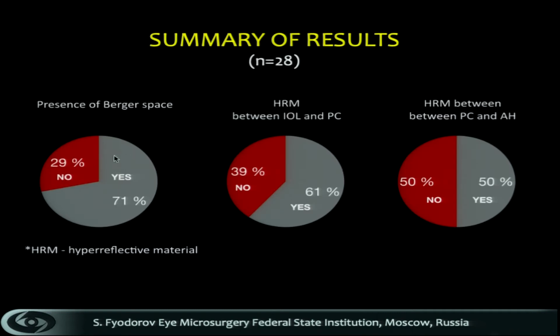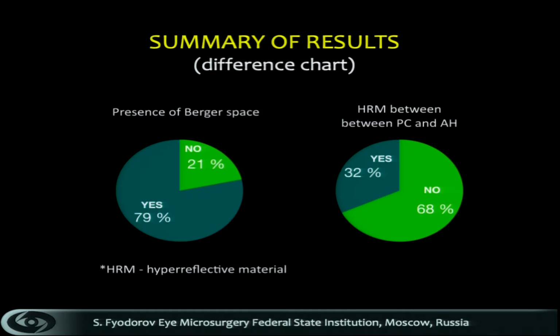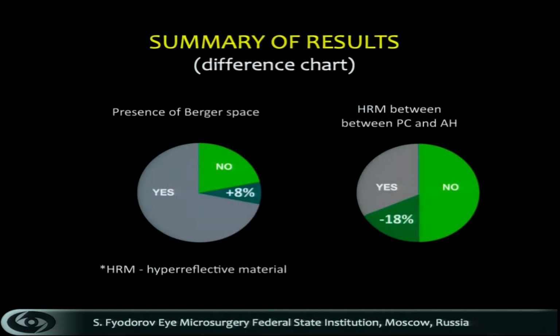We've seen that in 71% of patients, we were able to identify the Berger space, and in some of these cases we saw hyperreflective membranes and hyperreflective dots located behind the posterior capsule. However, it was not always possible to identify that in postoperative OCT, as shown here by the difference chart.